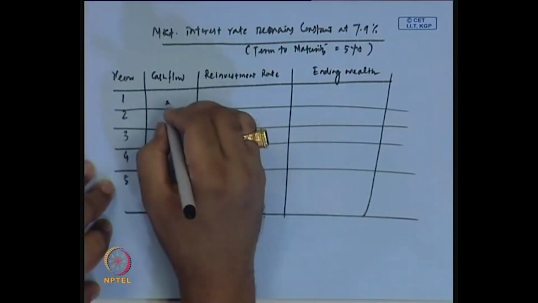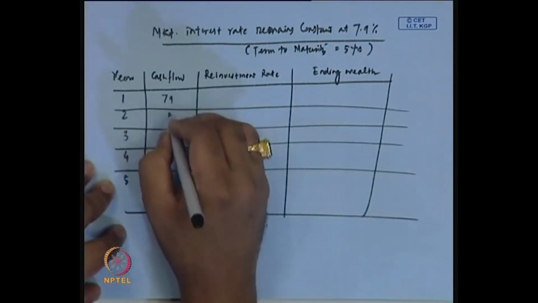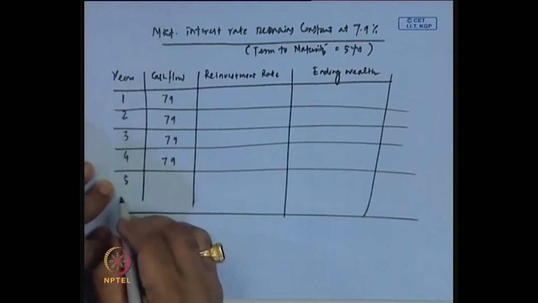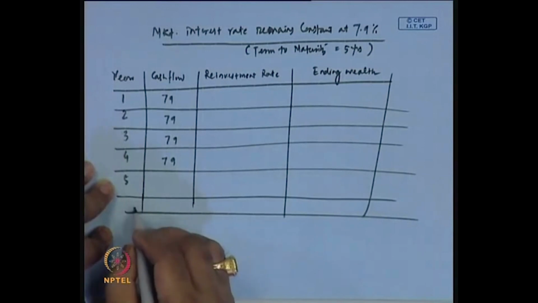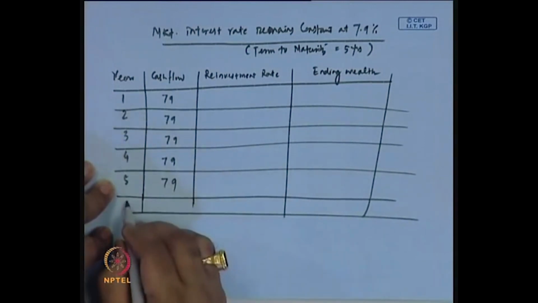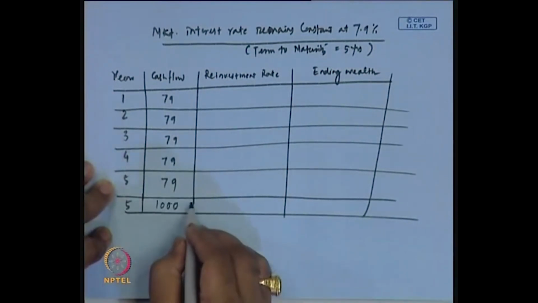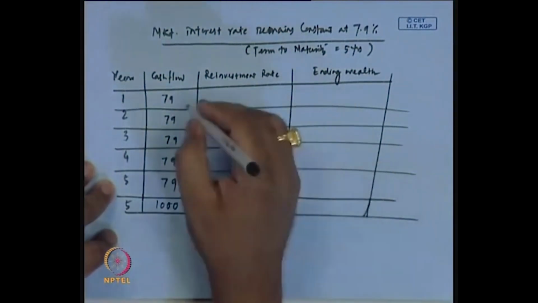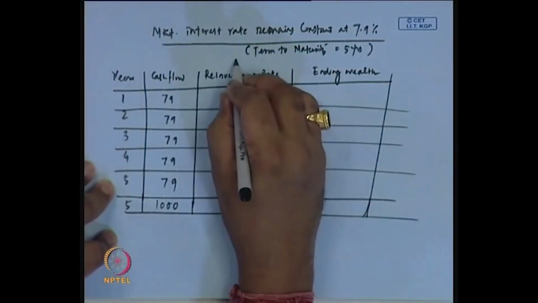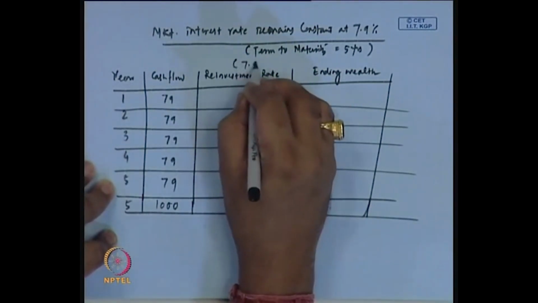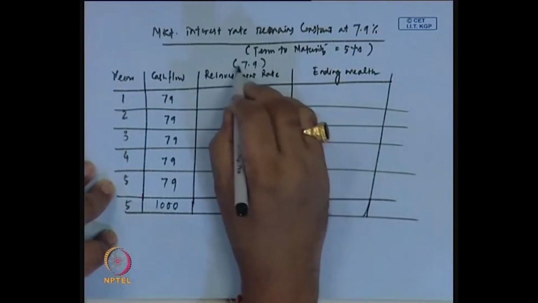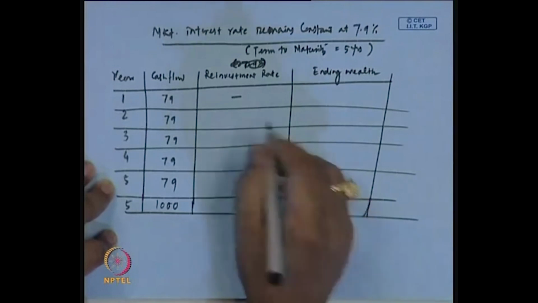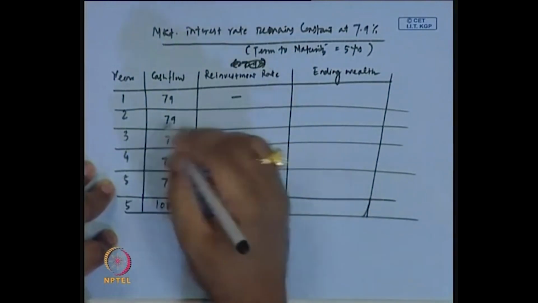In each year the cash flow is 79, 79, 79, 79, and at the end of the 5th year he will get 1000 rupees, which is the par value of the bond. The reinvestment rate is 7.9%. There is no reinvestment available for the first cash flow, because it can only be used at the end of the first year.